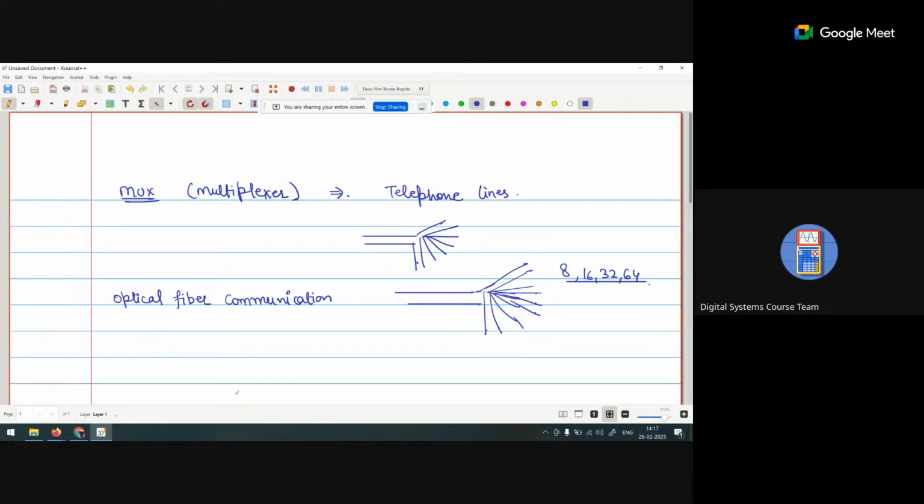All this work is done by the multiplexer. So how does the multiplexer work? The multiplexer takes 8 different channels and combines them into one path. So we require a mux, multiplexers.